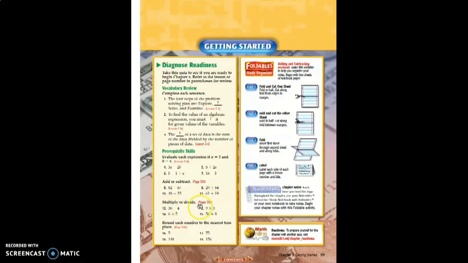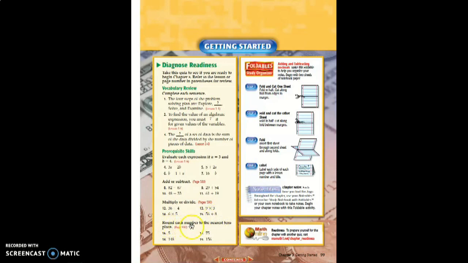Multiply or divide. 36 divided by 4. 9 times 3. 6 times 5. 56 divided by 8.